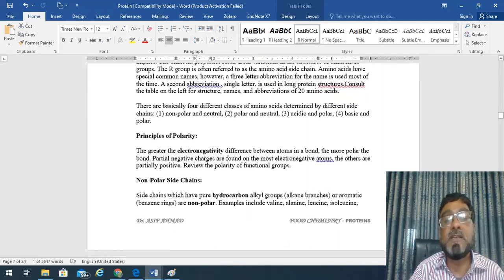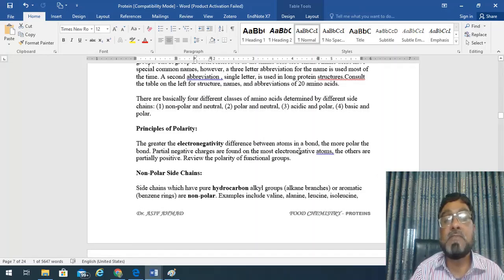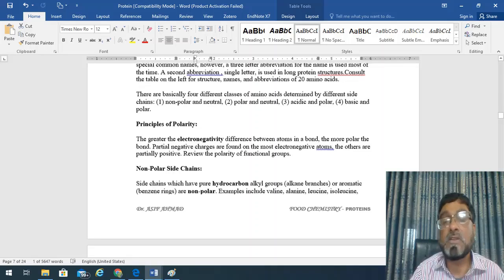So we have seen the amino acids can be differentiated on the basis of the polarity and its acidic, alkaline or neutral behavior. We have seen non-polar and neutral, polar and neutral, acidic and polar, and basic and polar amino acids. So what is the reason for these?